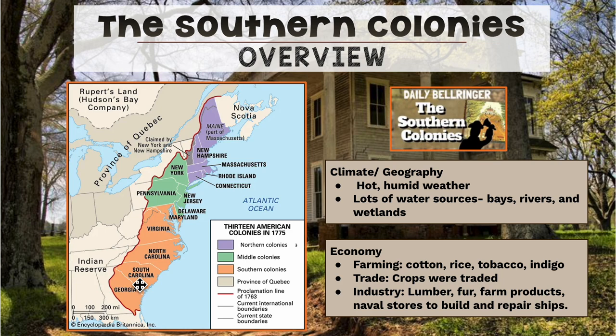When we talk about the Southern colonies, if we are grouping all of them together, let's talk about the climate. If you've ever been to a beach in the South, it is hot and it is humid, and it is hot and humid everywhere.